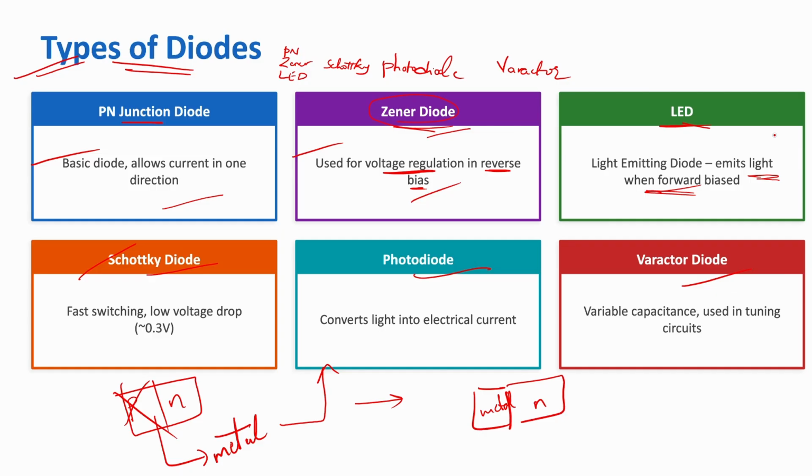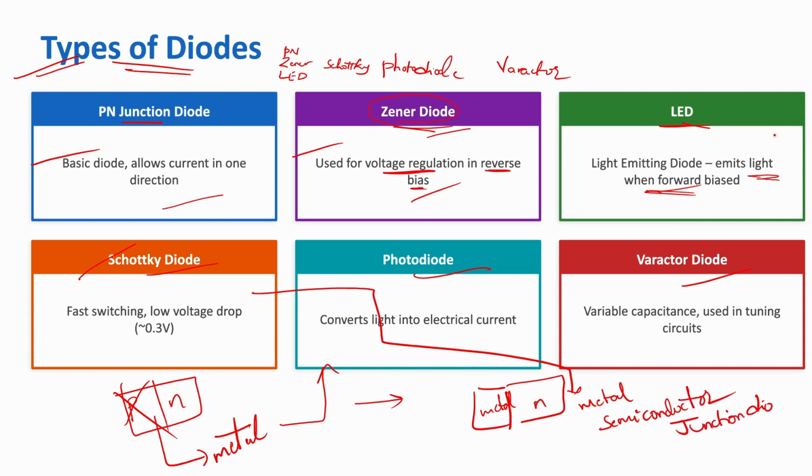That's why you also call it a metal semiconductor junction diode. So what will happen?